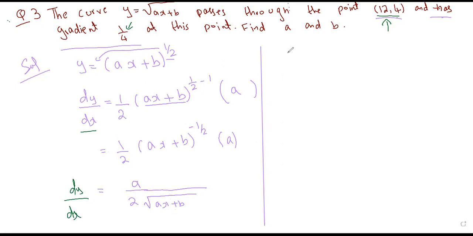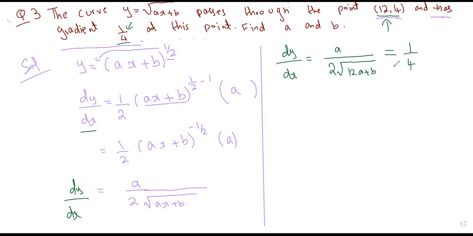So dy by dx at the x coordinate 12 is going to be under the root 12a plus b. So I've plugged in the value of x as 12, and the gradient is 1/4. That is it.